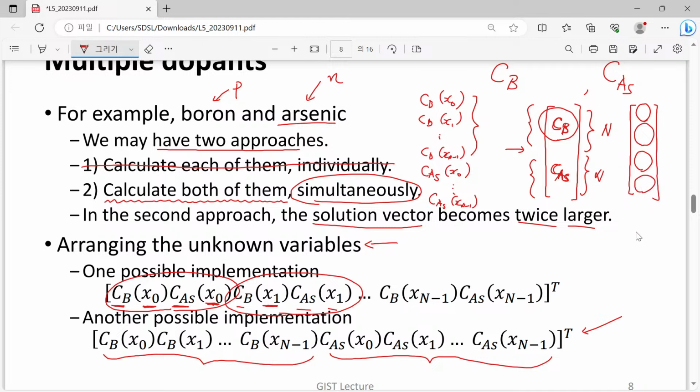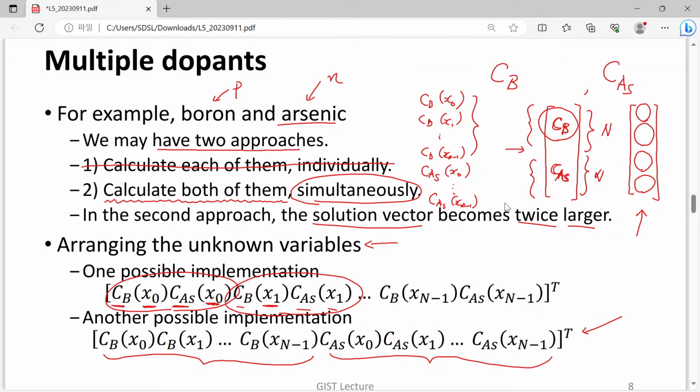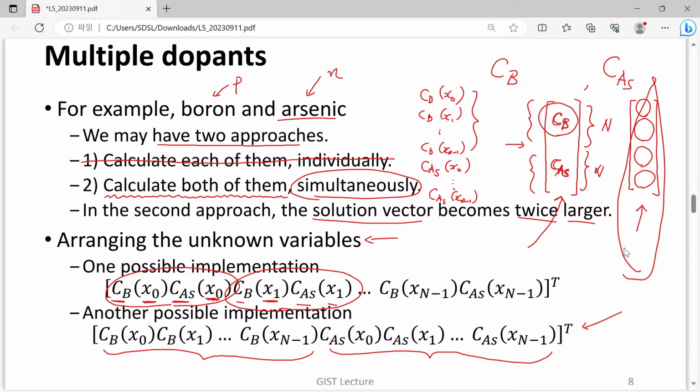So this is based on position-wise closeness, and the other one is based on the similarity of your species. However, I want to say that this is the more preferred way of implementation. Why? You will see later.